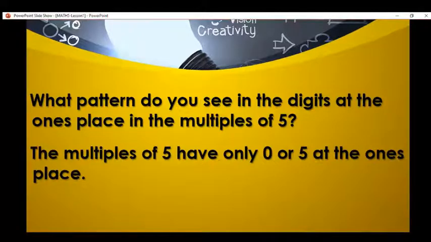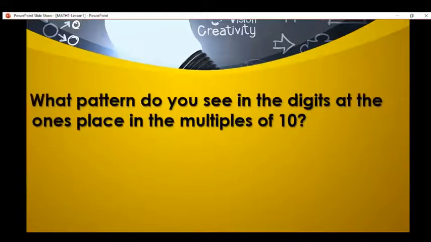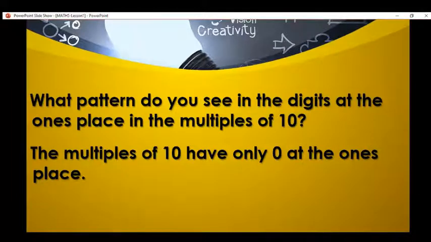The multiples of 5 have only 0 or 5 at the ones place. If the ending of the number is 0 or 5, it is a multiple of 5. How about the multiples of 10? The multiples of 10 have only 0 at the ones place.